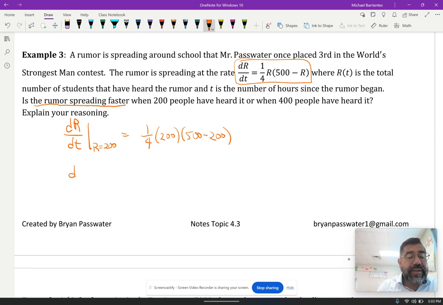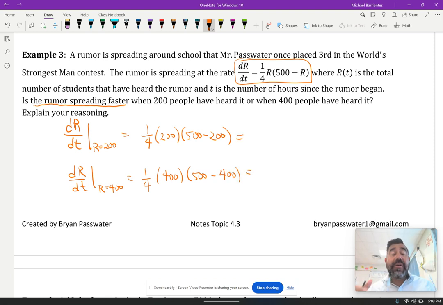And then I'm going to find the rate at which the rumor is spreading by evaluating at 400, when 400 people have heard it. So this would be 1/4 times 400 times 500 minus 400.